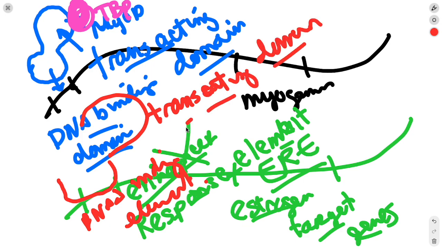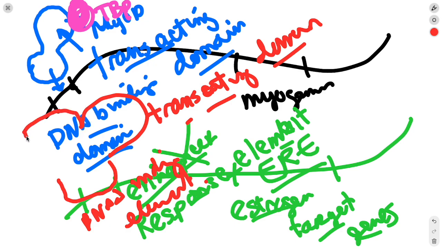And this domain is going to be really interesting because sometimes it acts as a repressor and sometimes it acts as an activator. Yeah, somehow it does both. That's that. And then, right, MyoD just had the two domains. This has a third domain.